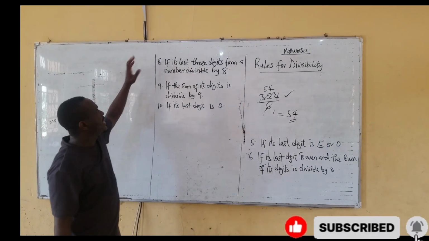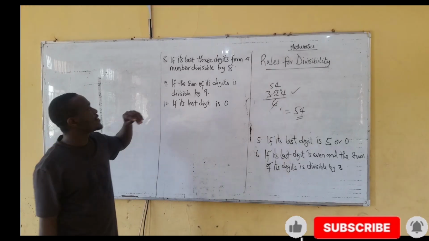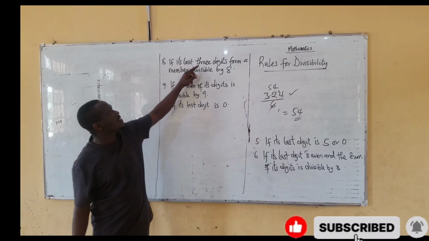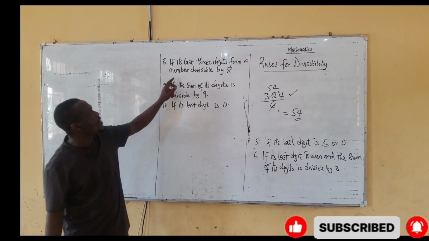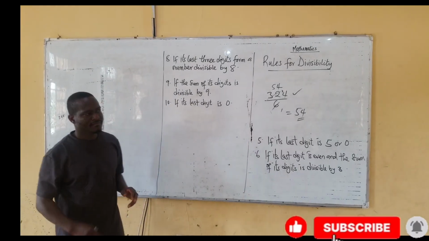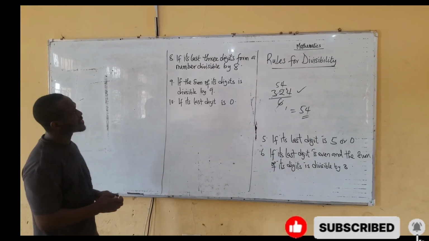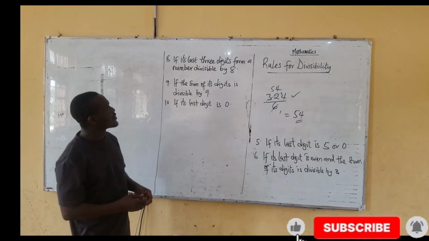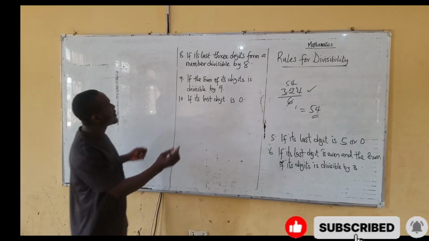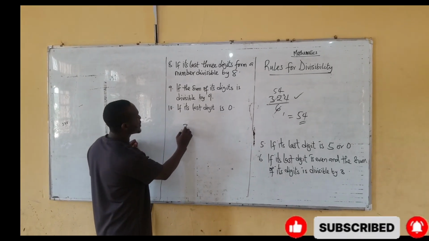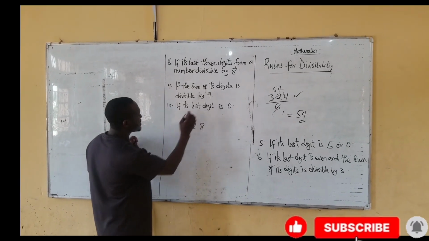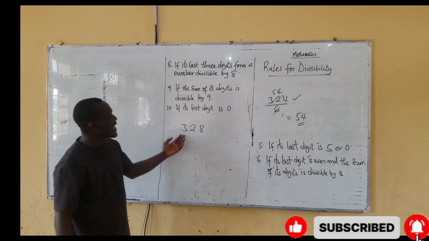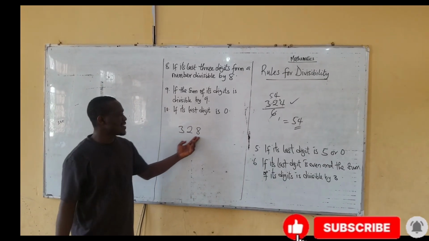Now, let us try 8. The rule for 8 says, if its last 3 digits form a number divisible by 8. So let's take this number 328. This is the last 3 digits.